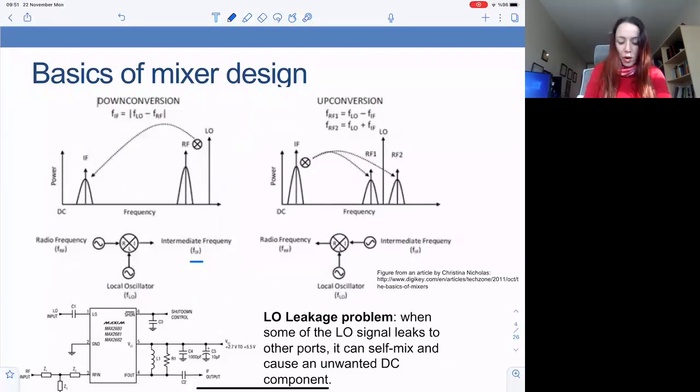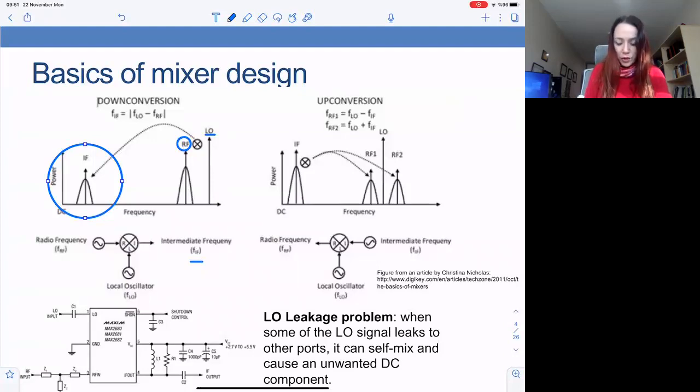So no matter what RF frequency you're trying to receive, suppose this is the RF signal that you're trying to receive, you tune the local oscillator such that the resulting signal after the mixer is going to appear at a desired intermediate frequency that the receiver is set to operate at. So how do you do that? You could either down convert or up convert.